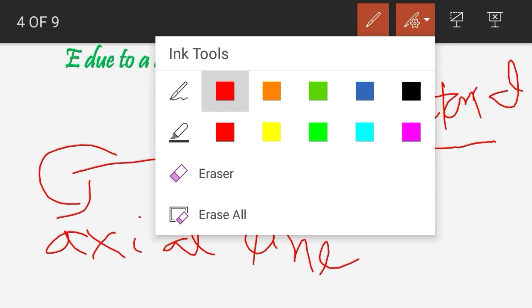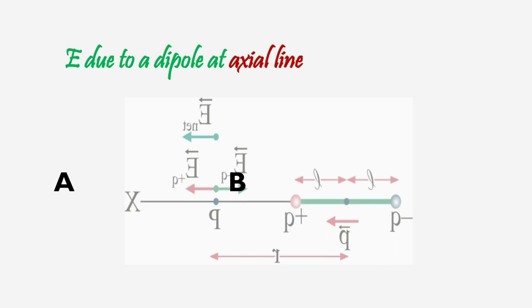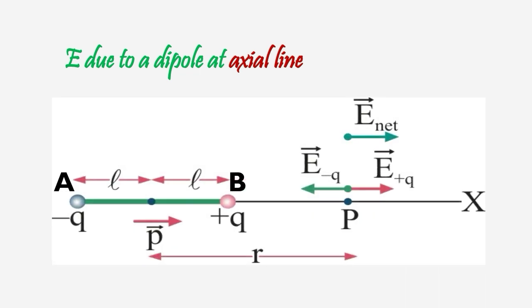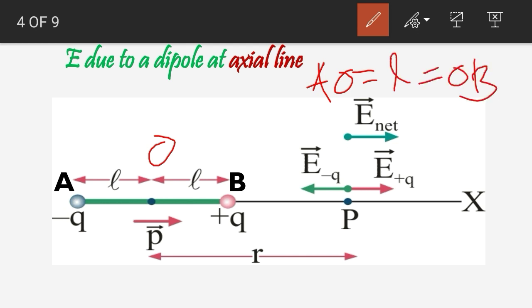So suppose there is a point A and there is a point B, and if I put minus q amount of charge at A and plus q amount of charge at B, we form a dipole, right? Suppose O is the exact middle point of this dipole, so that the distance from O to A is the same as the distance from O to B. Suppose the distance is L, that's why we call AO equal to L, which is also equal to OB, right?